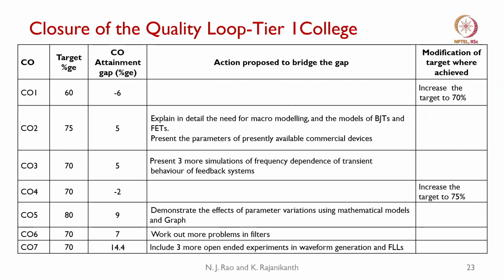But this is maybe my conclusion. Another instructor may take a slightly different decision to improve. That's fine. So these decisions, what to do to improve to reduce the gap in attainment, is completely the teacher's prerogative. Okay. But here we presented the samples. For each CO, what is it that you should be doing?